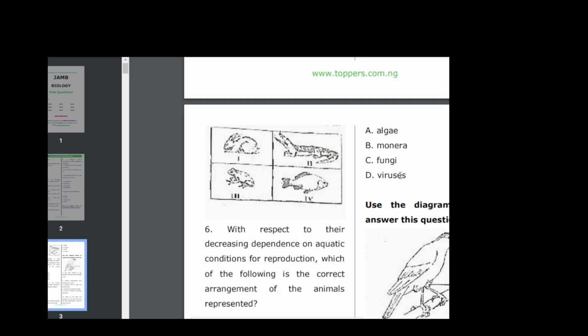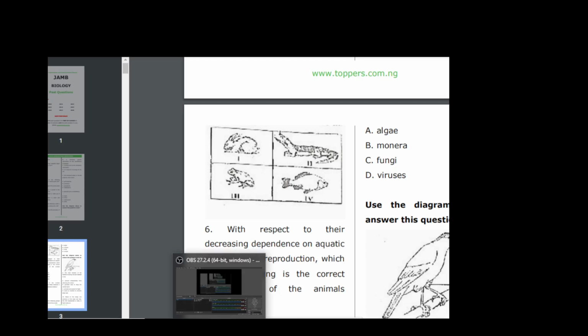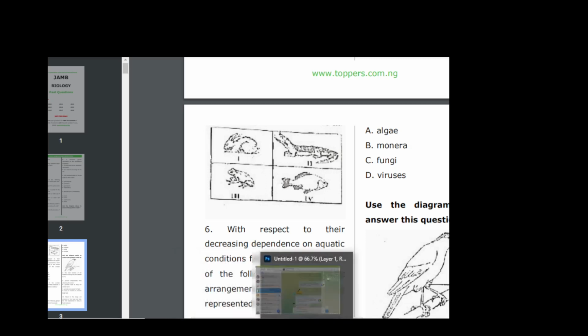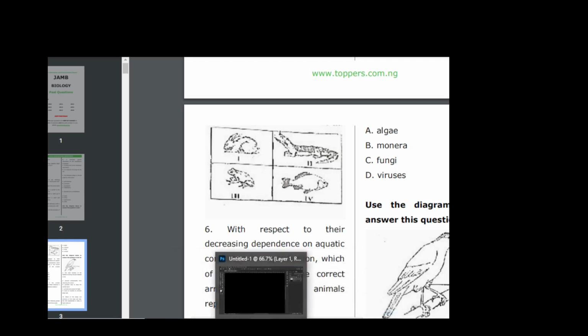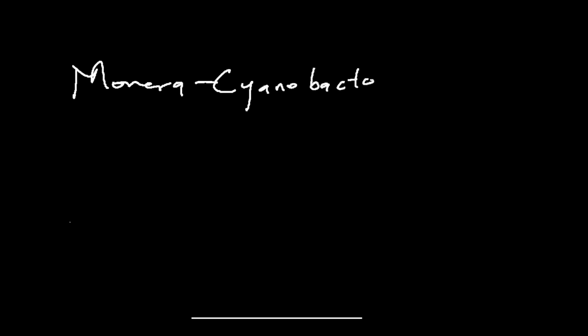It is going to be very easy for us to answer that question, because algae and monera are what we refer to as eukaryotes. We have the monera, where we have the cyanobacteria, or we can call it cyanoalgae.